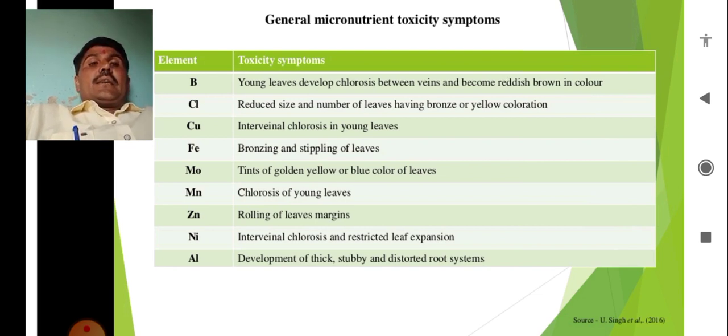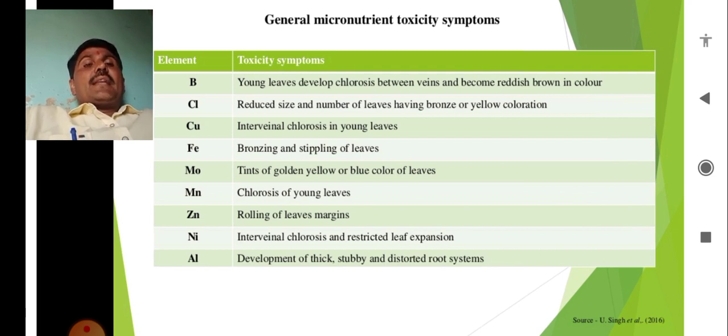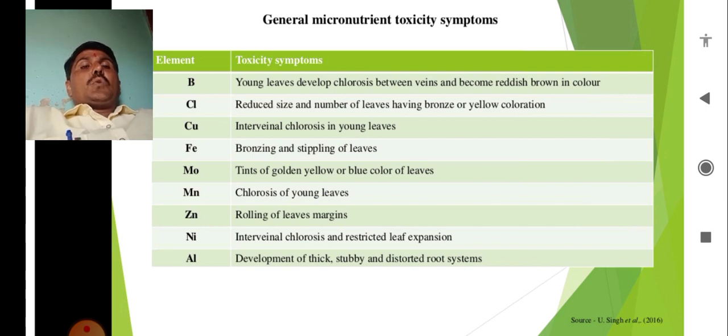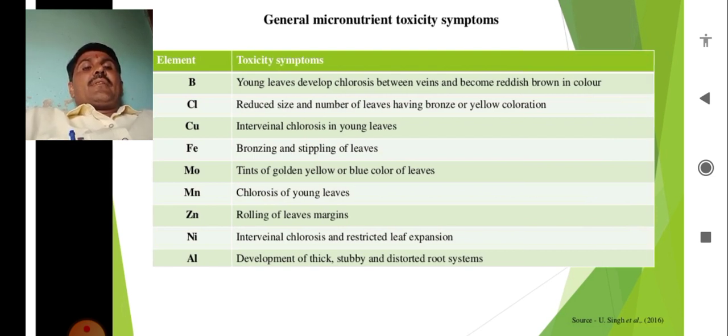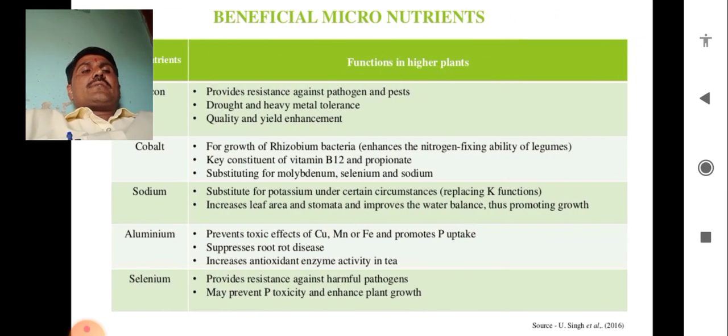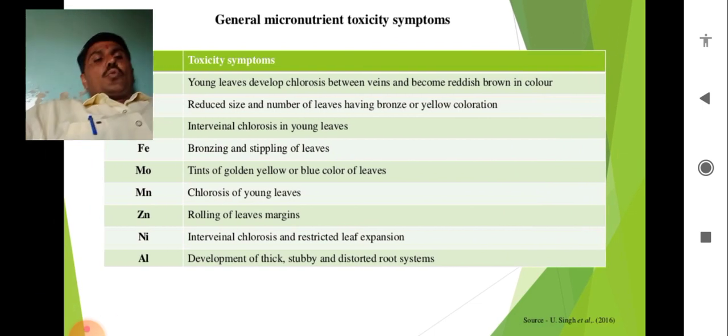About copper, we see interveinal chlorosis in young leaves. Regarding iron, bronzing and stippling of leaves. Molybdenum, tints of golden yellow. Manganese, chlorosis of young leaves. Zinc, rolling of leaves. Nickel, interveinal chlorosis and restricted leaf expansion. And aluminum, the development of a thick, stubby and disordered root system.